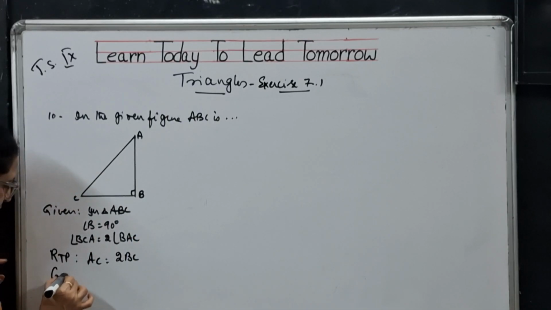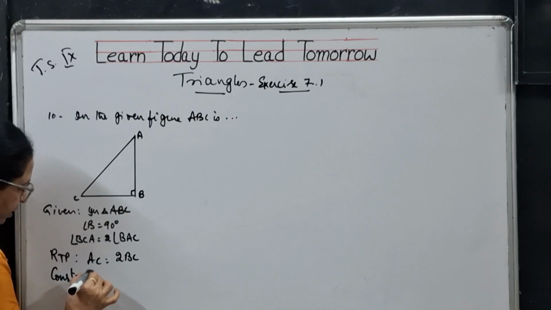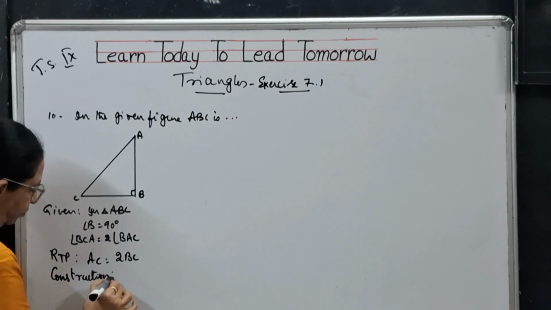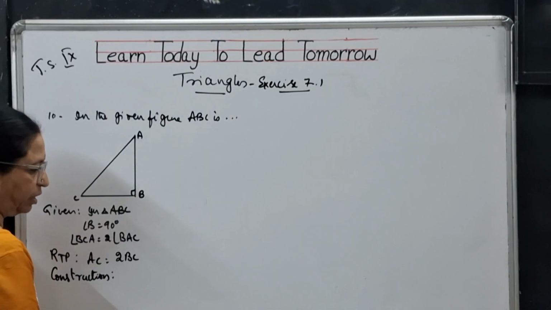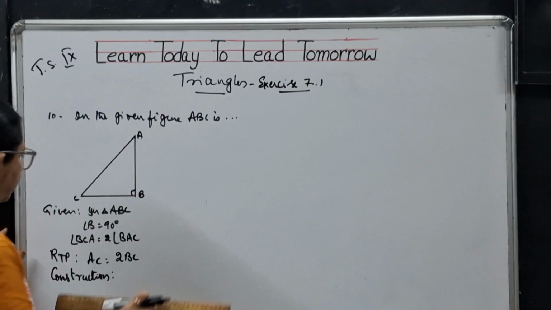Now there is a construction. Here children, they have given a hint. That hint we are writing as construction. What is that hint they have said? Produce CB to D such that BC is equal to BD.